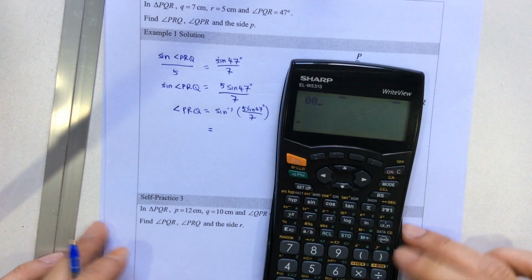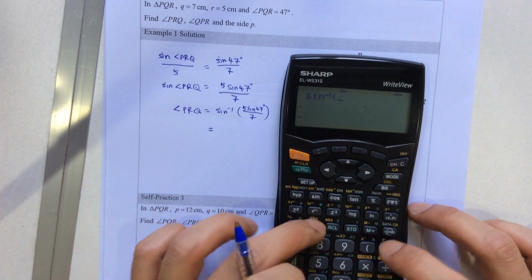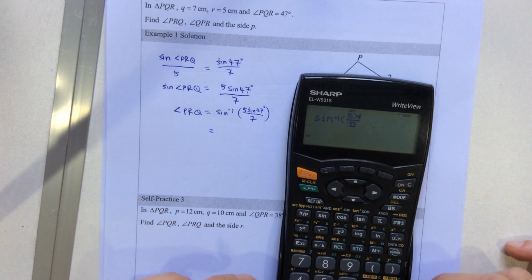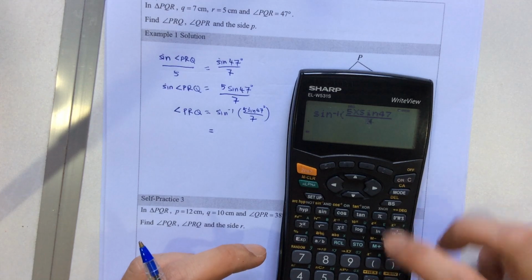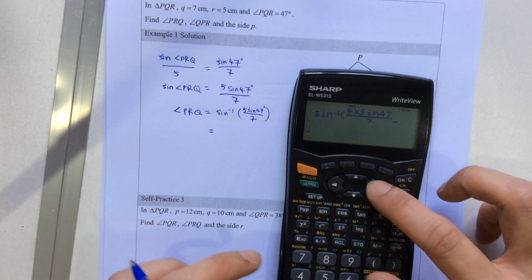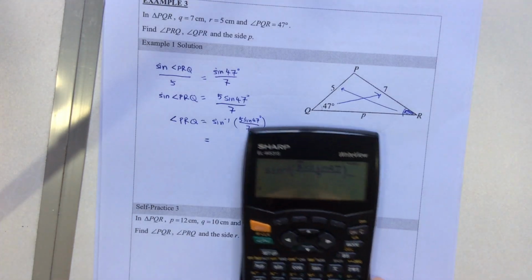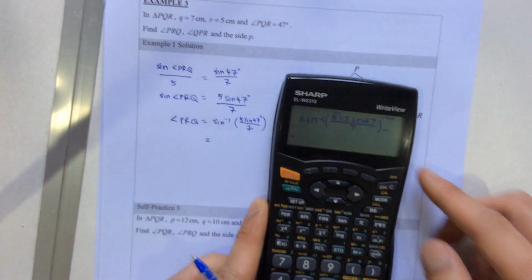So press the calculator. Sine inverse, so I have this, and equal.